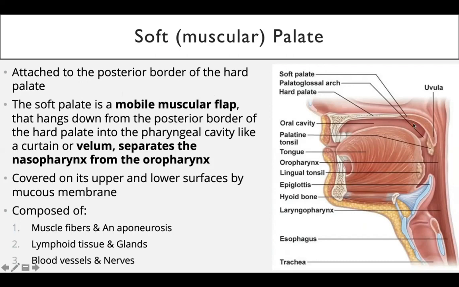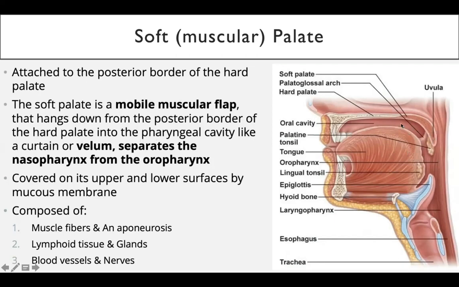So this soft palate is attached to the posterior border of the hard palate. We all agree, the soft palate is a mobile muscular flap. Yes, it is muscular, it's a flap, and it's mobile. It changes with air, with food, with voice, speech, and it hangs down from the posterior border of the hard palate into the pharyngeal cavity.